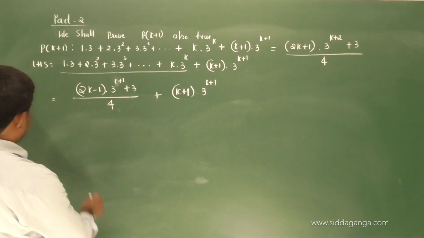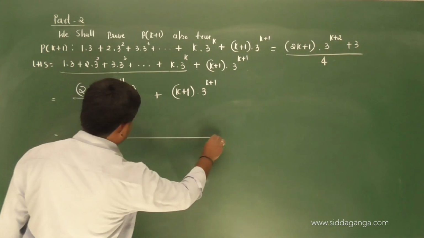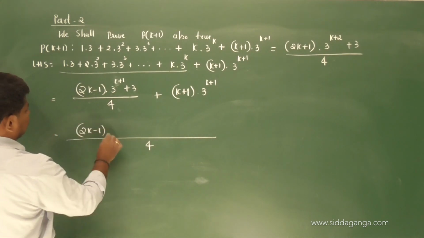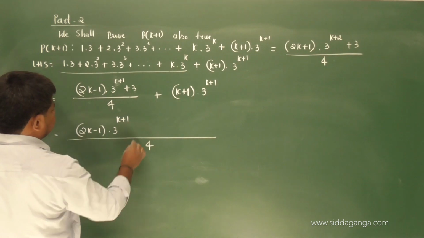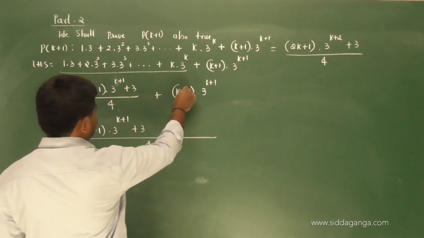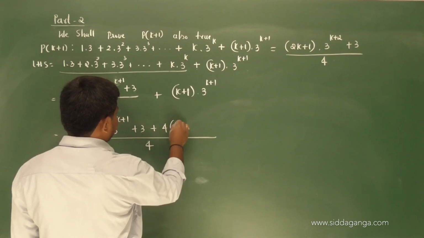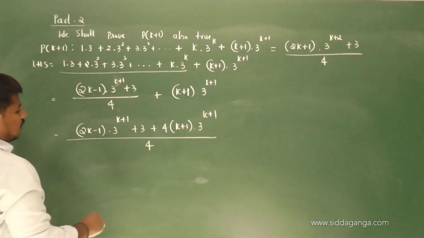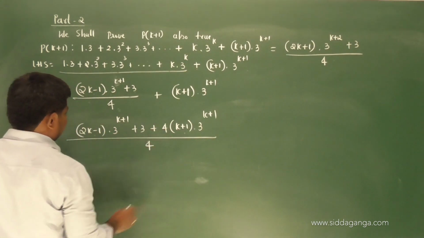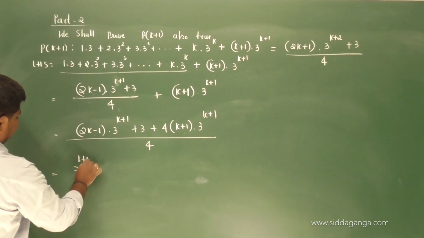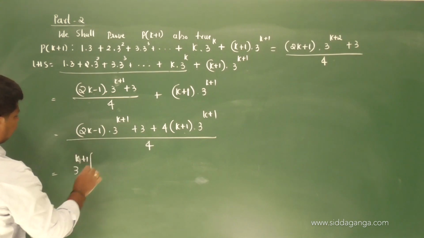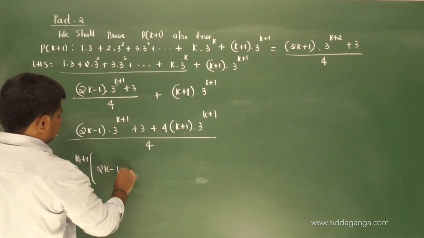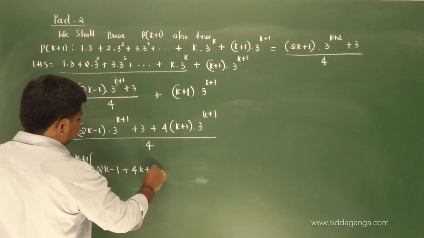Now, let me simplify as before. So 4 is the LCM. 2k minus 1 into 3 power of k plus 1 plus 3, 4 into this. So you get 4 into k plus 1 into 3 power of k plus 1. Okay, in these two terms, 3 power of k plus 1 is common. So 3 power of k plus 1 into 2k minus 1. Here what is remained? 4k plus 4, right?